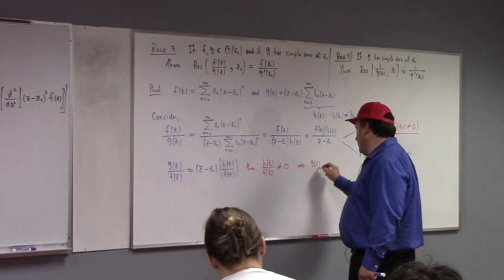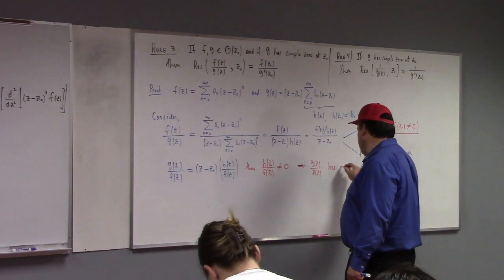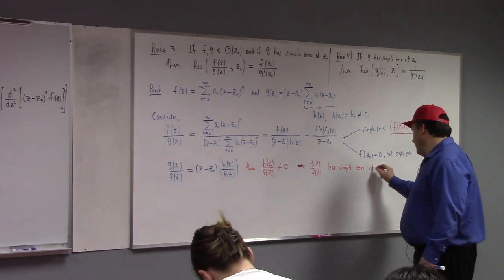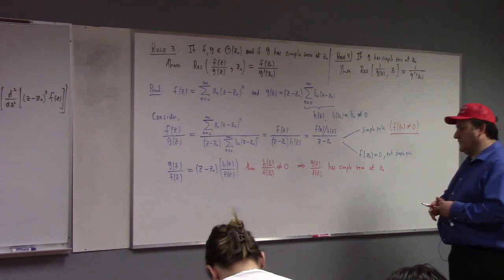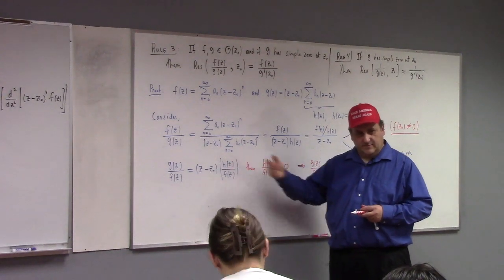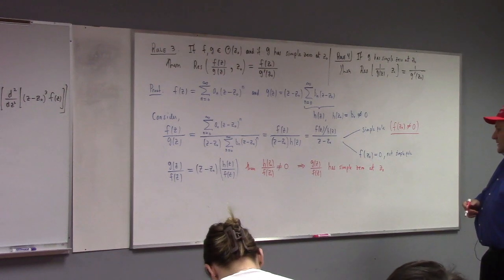G of z over f of z has a simple 0 at z naught, right? Because we know that the quotient of h of z by f of z is analytic, because they're both analytic at z naught, that's given.